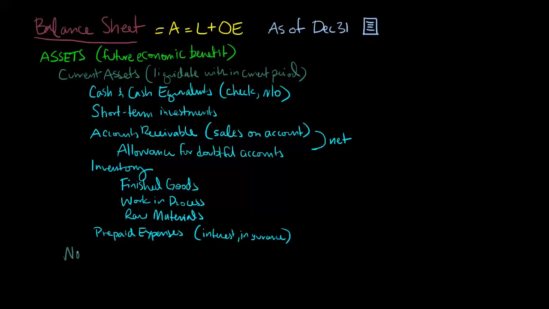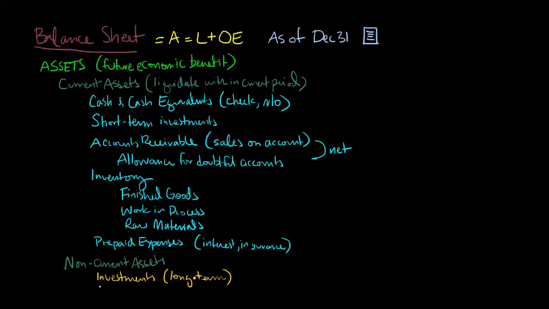So our non-current assets will be the rest of these different asset accounts. So these would be things like investments that we expect to hold long term, property, plant, and equipment, and this will typically be net of depreciation, and then other assets.